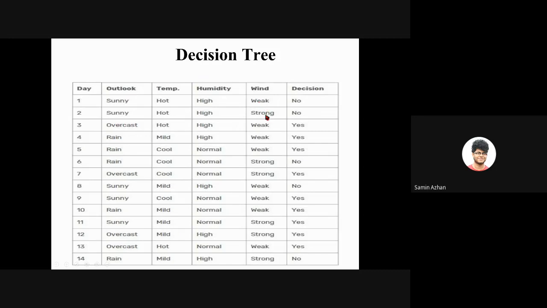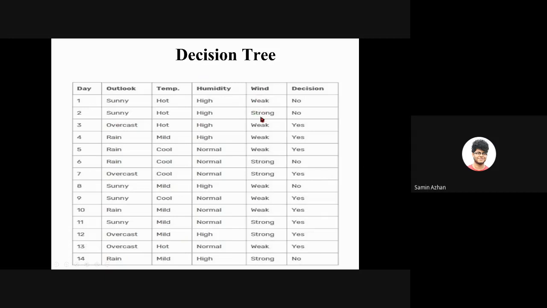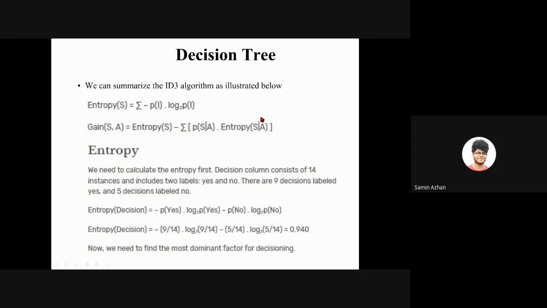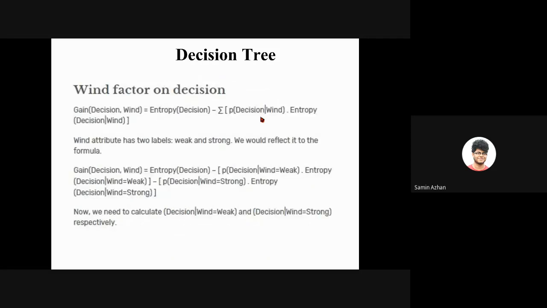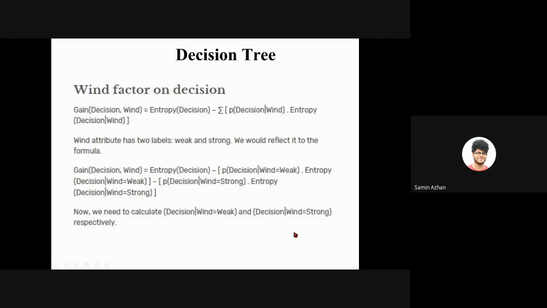It has weak and strong, and that's pretty much it. So we have to calculate the entropy for wind equal to strong and wind equal to weak. After that, we would use the decision entropy value and subtract from it the entropy of wind equal to weak and wind equal to strong. We'll go step by step.